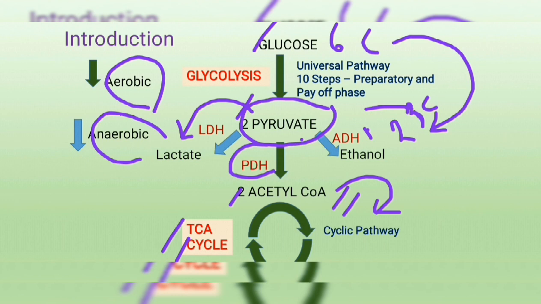So this is what is happening, and it is based on the presence or the absence of oxygen. So we have this acetyl coenzyme A molecule which finally enters into the cyclic pathway, that is the TCA cycle.